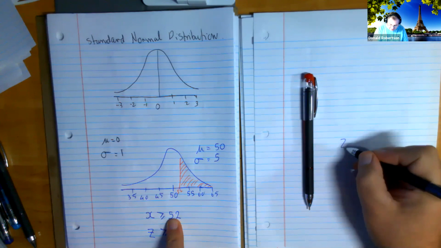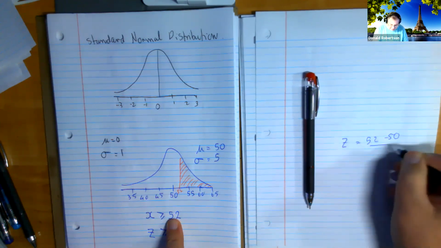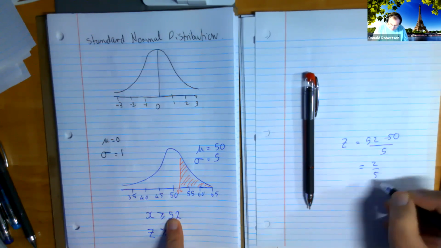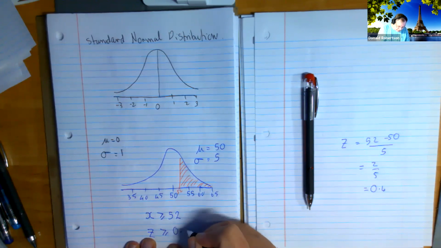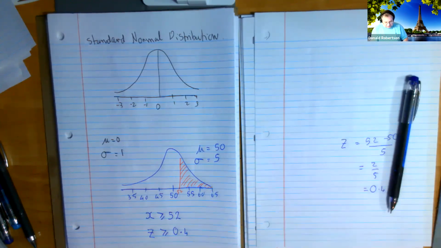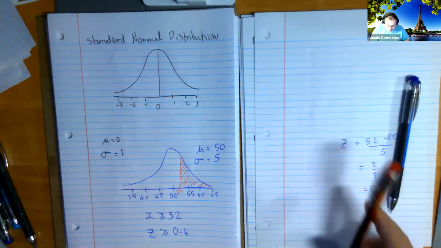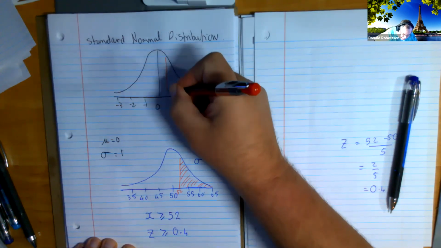So I'll do that over here. 52, take away 50, divided by 5, gets me 2 divided by 5, gets me 0.4. So you're going to find some questions where they get you to turn this information into that one. Now, what would that look like in my picture? Can you imagine 0.4 is about here?